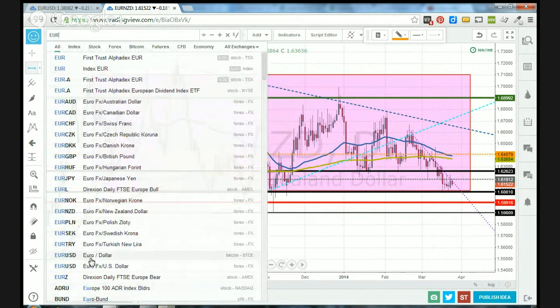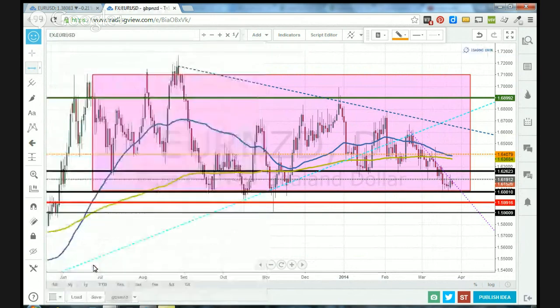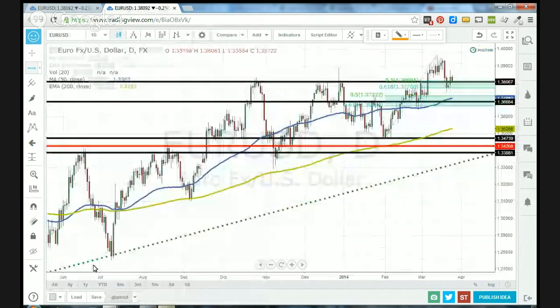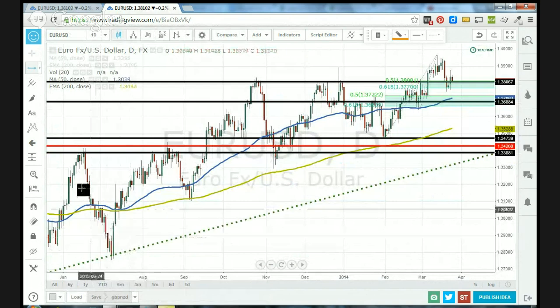That's Euro Kiwi. Euro dollar. I am short dollar Swiss, which is very similar to euro dollar. Yeah, I don't think I'd want to put on an additional trade, other than dollar Swiss.